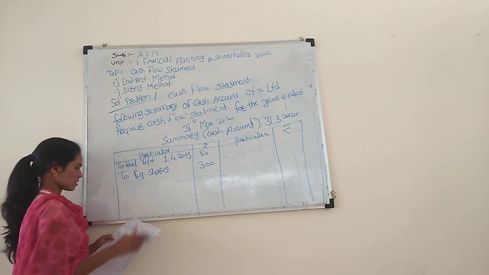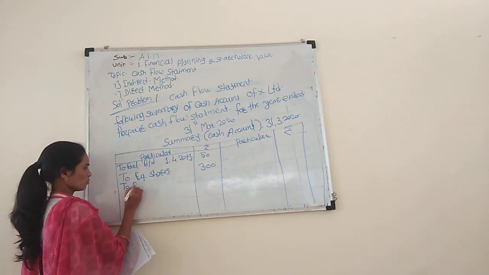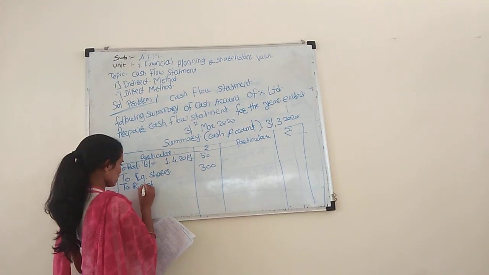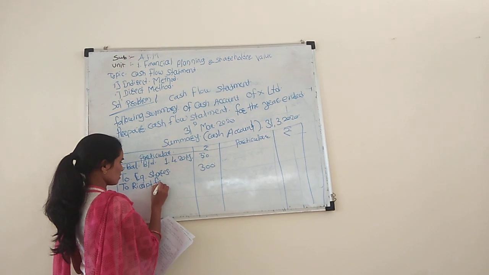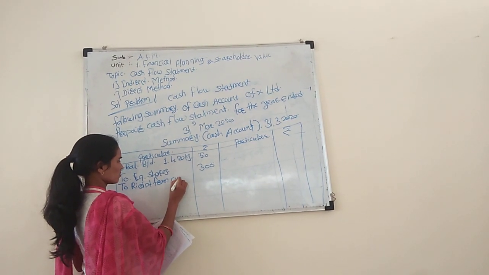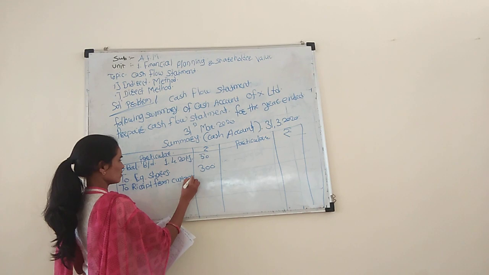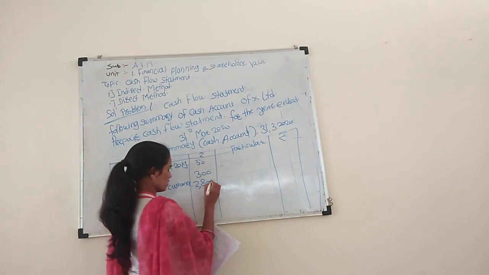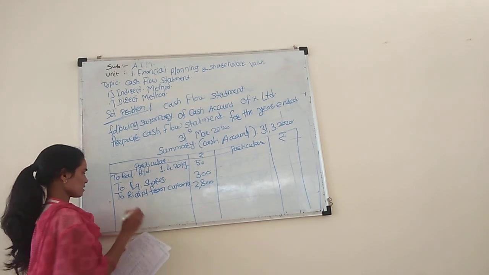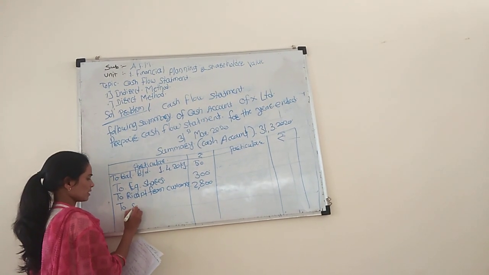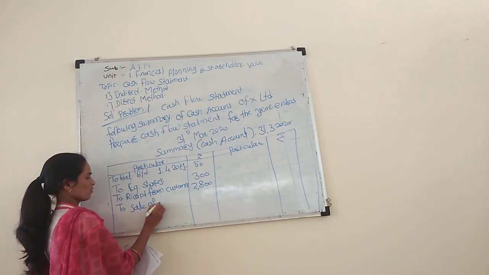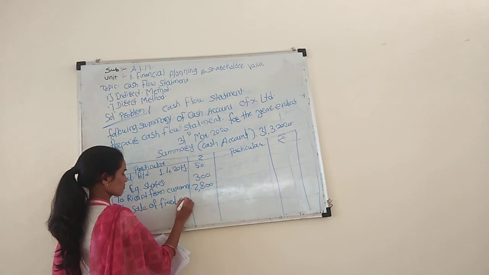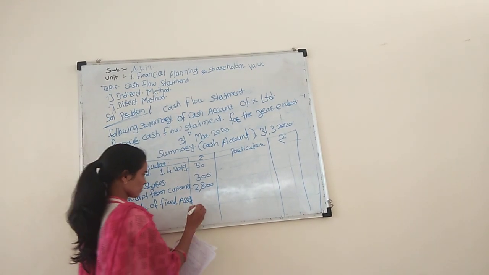To receipts from customers: 2800. To sale of fixed asset: 100.